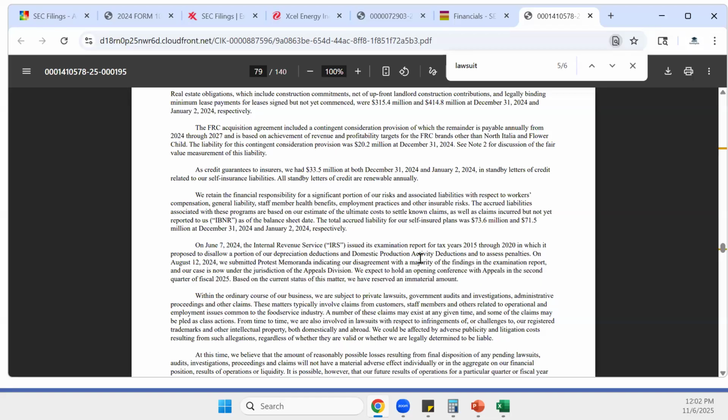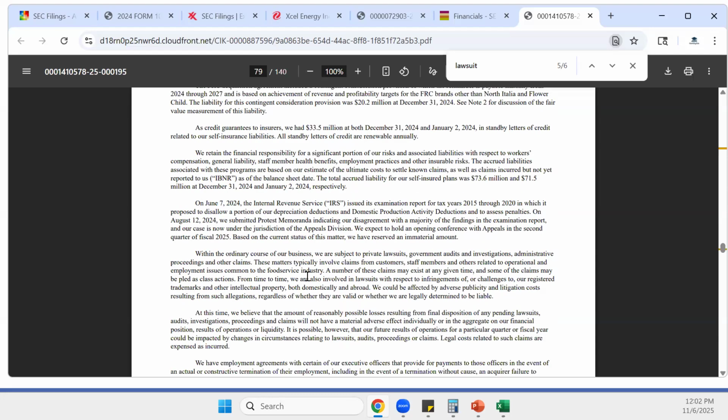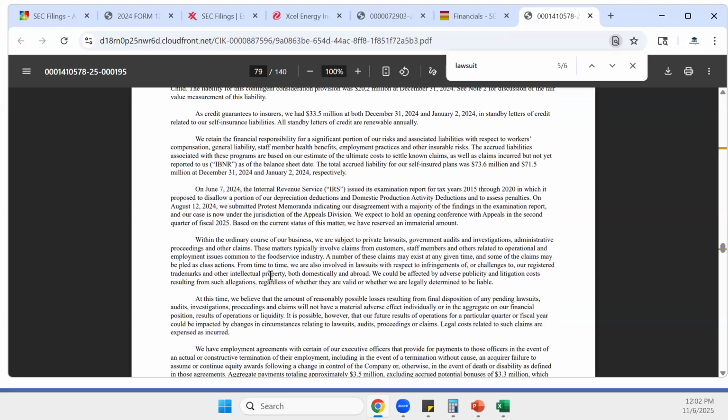There's a number of considerations for property purchased for use in the US. And so the IRS took issue with some of it. It's in appeals, and based on the current status, we have reserved an immaterial amount. So essentially, they think it's probable. They do think it's estimatable. They created a small reserve, but it's immaterial, so they're not going to tell us how much it is. Which immaterial just means small. It's too small for us to care about.